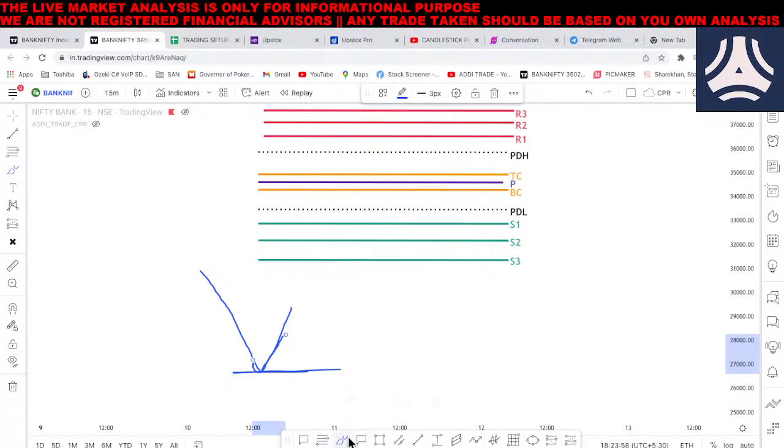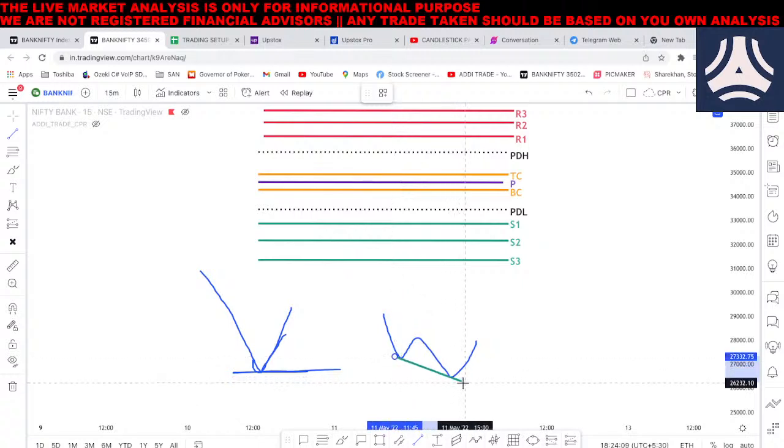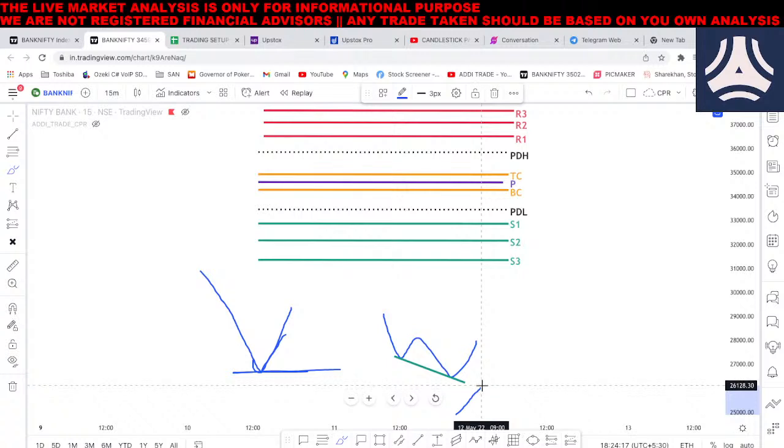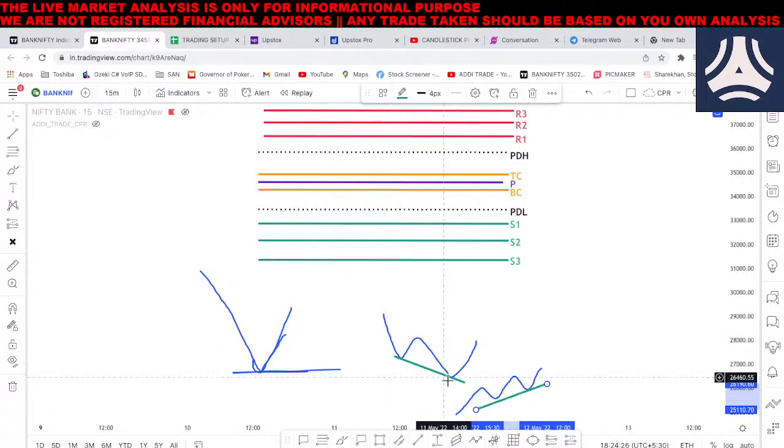So the price comes, makes a new low, comes up, makes another new low, goes up. Prices will be making a lower low, but at the same time the oscillator will be making a higher high, right?